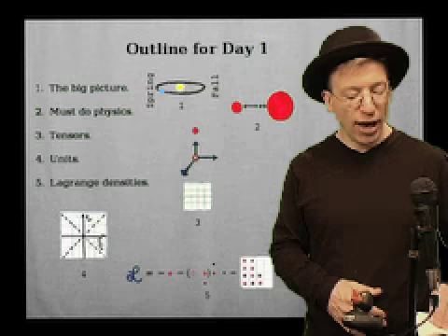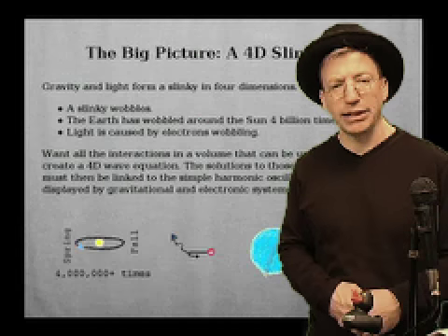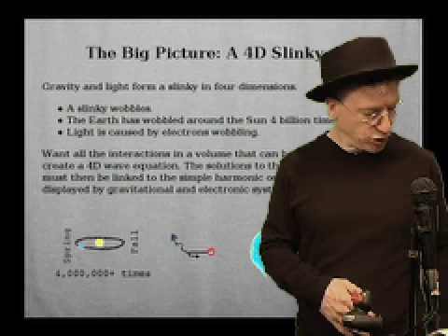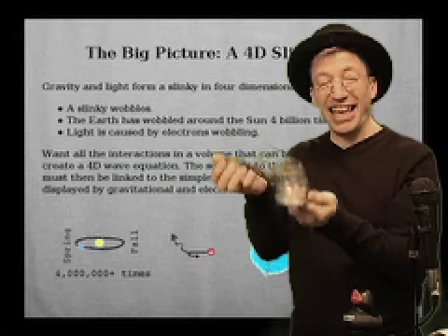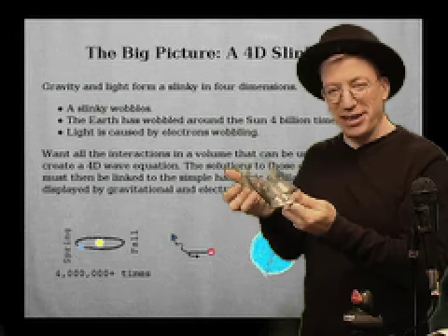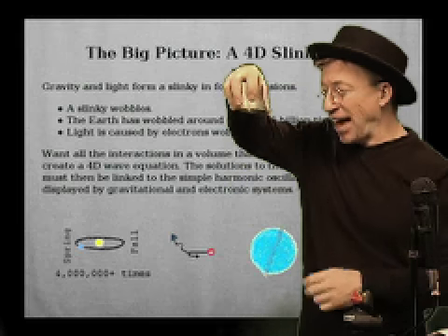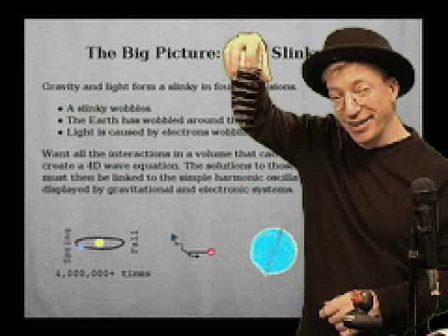Okay, so what is the big picture? One you could explain to Mom. Well, I'm sure Mom is familiar with these. This is the slinky. And the key property of the slinky I want you to point out, other than it's fun, is that it has this property of going here and there and back again.